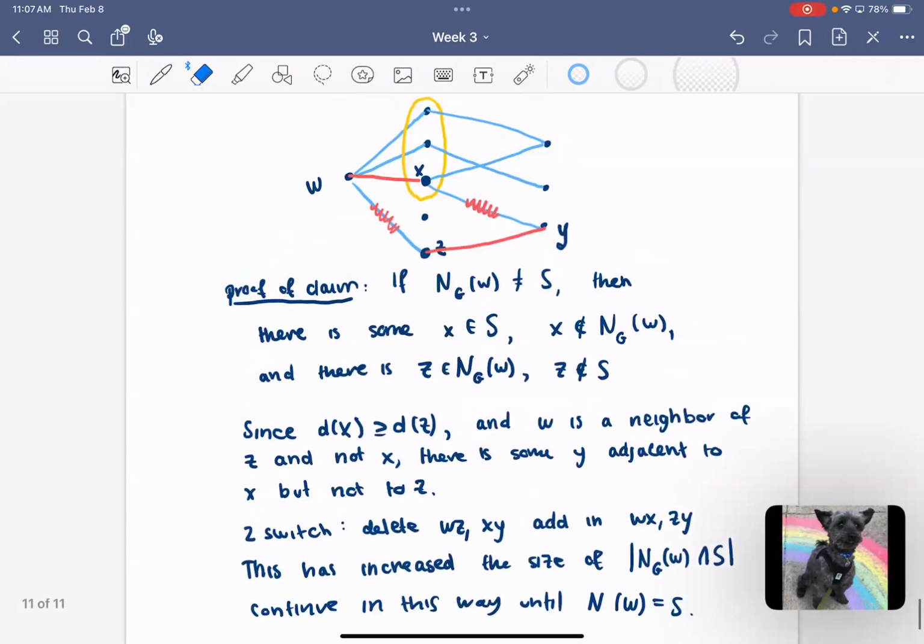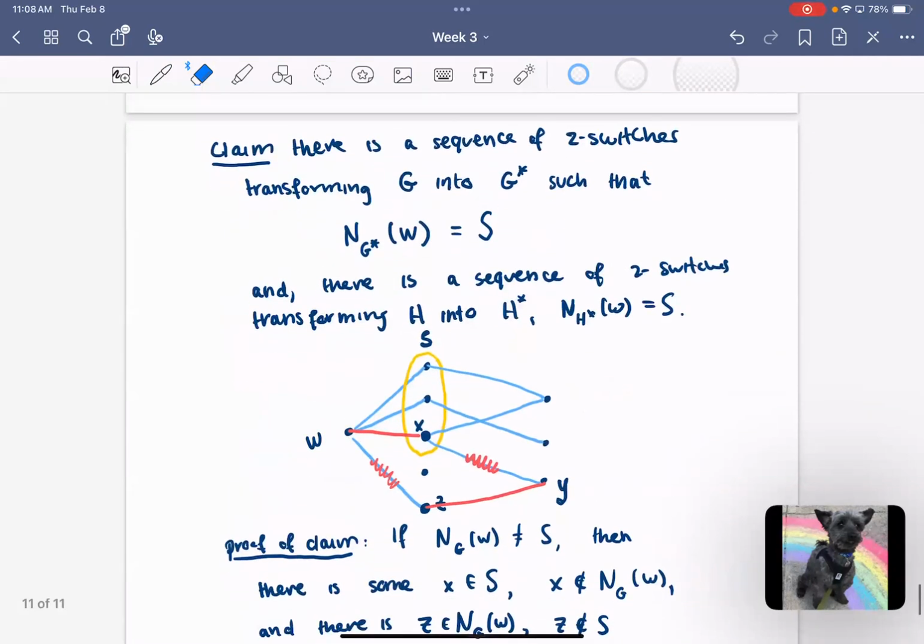Okay, so now let's go back to the statement of the claim. We're just going to work with G star and H star. So we have a sequence of two switches that transforms G into G star and H into H star, where G star and H star both have this property that the neighborhood of the highest degree vertex is equal to the vertices of next highest degree.